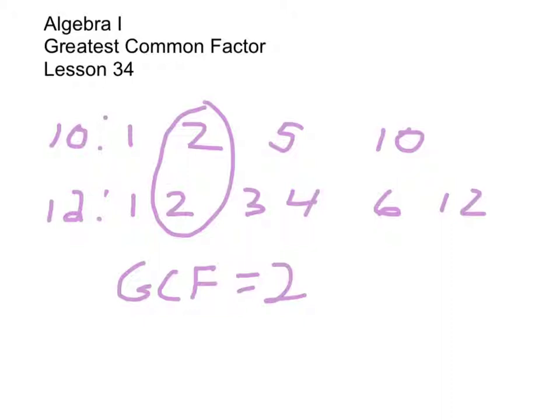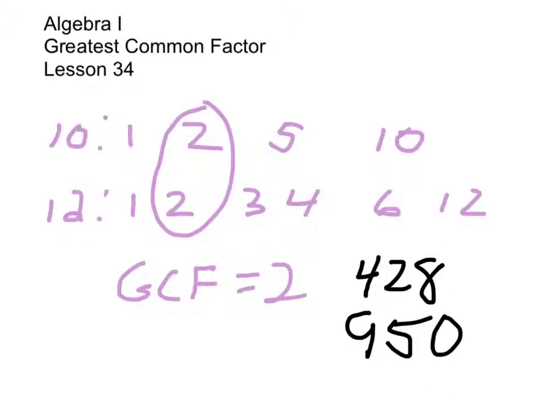Now, the problem with this method is if you get to really large numbers. For example, say I asked you to find the greatest common factor of 428 and 950. You really don't want to list all the factors of 428 and the factors of 950. That would take a long time.